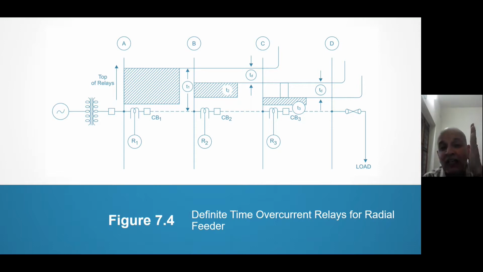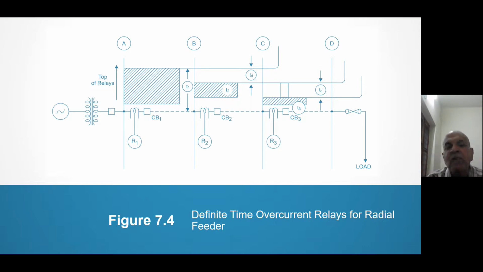Similarly, if there's a fault in section BC, the relay R2 will operate and R1 will give backup. This is what I want. So what I am doing, I am setting the time of operation of R3 at the least, maybe 0.1 second or something, and R2 I set a little more time.